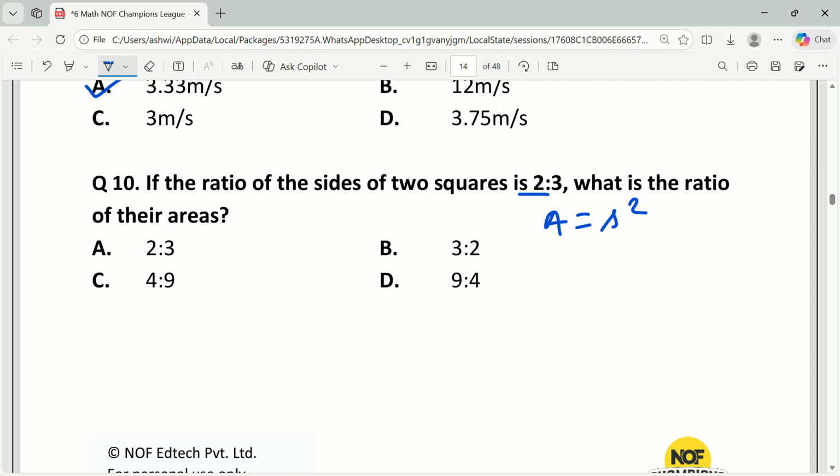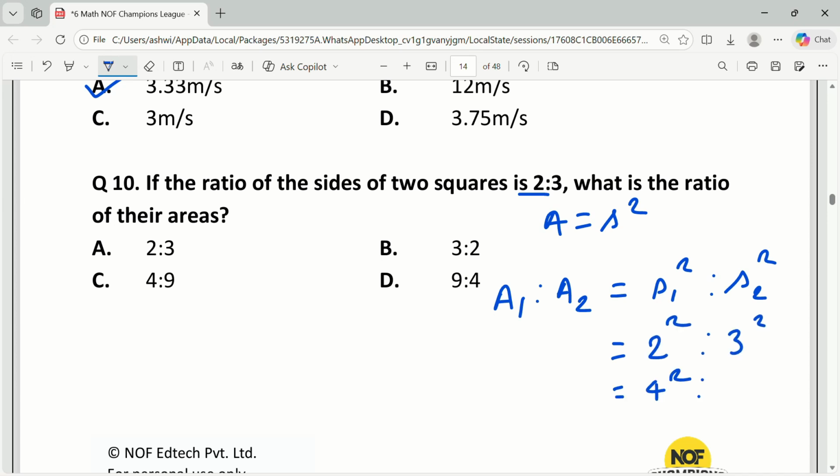So the ratio of areas will be equal to A1 is to A2, which is equal to S1 square is to S2 square. That is 2 square is to 3 square. That is 4 is to 9. Comparing with the options, the answer is C, 4 is to 9.